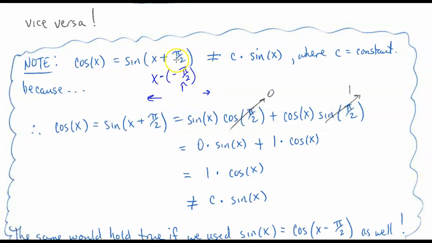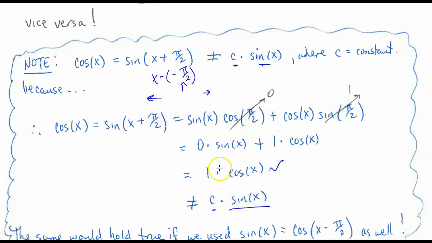So because of this, there's no way that I'm going to be able to rewrite cosine as a constant multiple of sine. No way I can do it. Even if I use the addition formula for sine of the addition of two angles, what I end up with is just 1 times cosine, but that's not some number times sine.